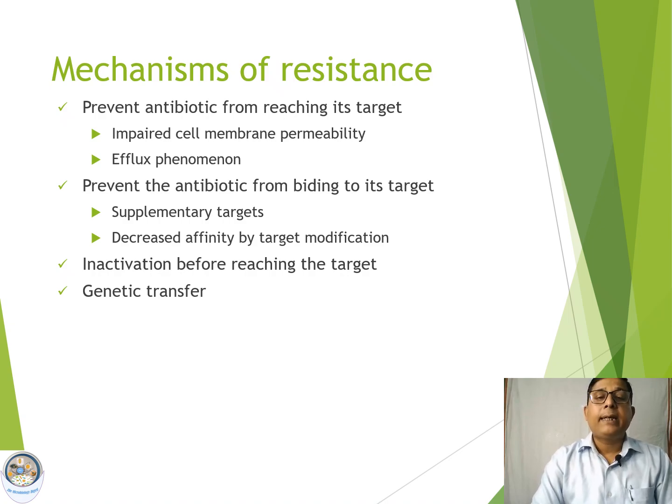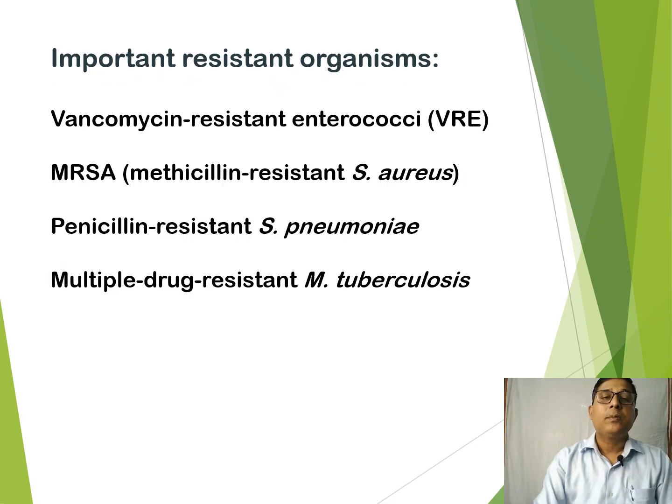Then there may be inactivation of the antibiotic or the drug before reaching its target, and there may be genetic transfer of antibiotic resistance from one bacterium to another bacterium. So these are some possible ways by which an organism may develop resistance against antibiotics.